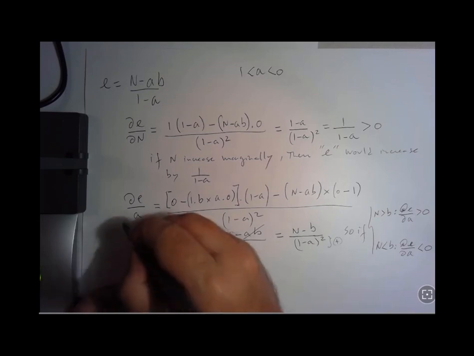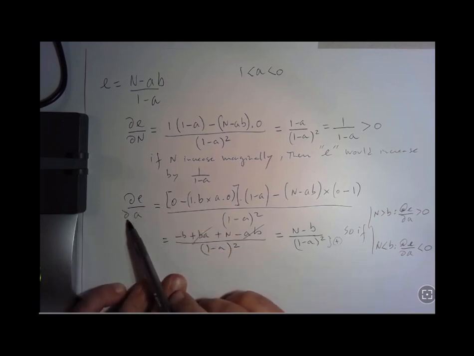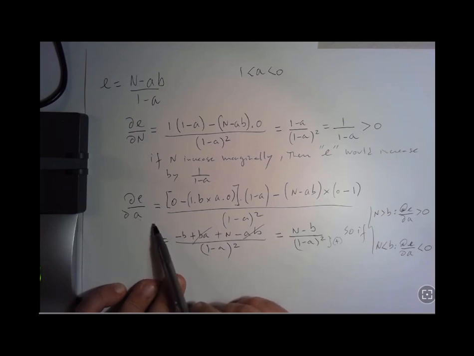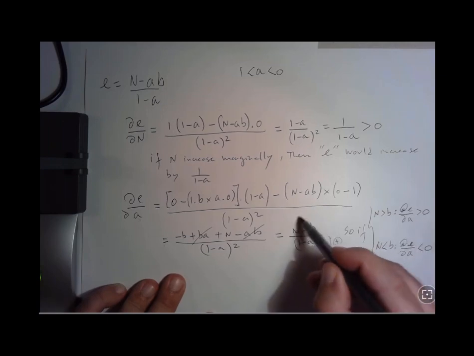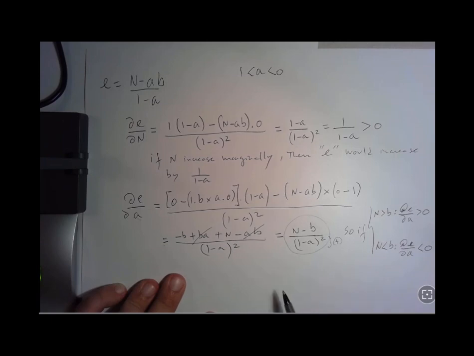So the effective rate of protection, I forgot to put that derivative sign. The effective rate of protection with respect to A can be positive or negative. It will be positive if the tariff on the final product is greater than the tariff on the intermediate input. It will be negative if the tariff on the final product is lower than the tariff on the imported input. Nonetheless, it's going to be positive or negative by this amount per each marginal increase in A. Okay.